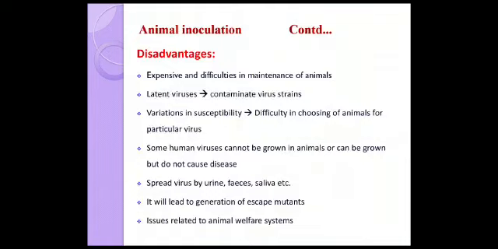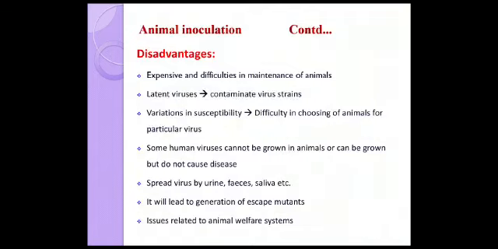The disadvantages of animal inoculation: one, it is expensive and difficult to maintain the animals, and second, most of these viruses are known to have latency in these animals. Whenever there is latency, they are capable of producing disease, most commonly in animal handlers or people who work in the lab with these animals. They may get the infection.